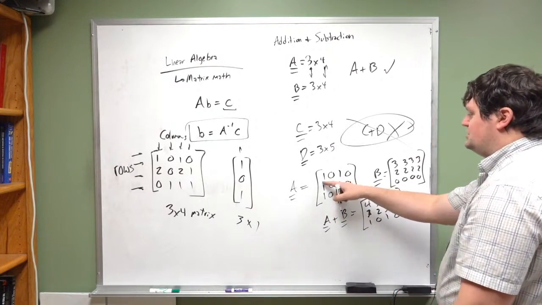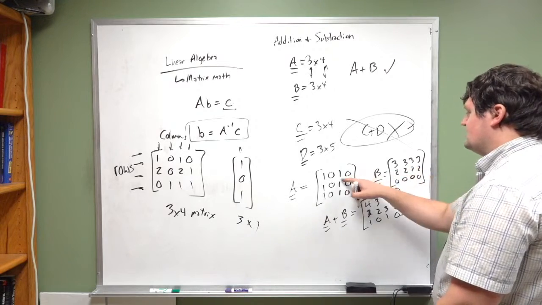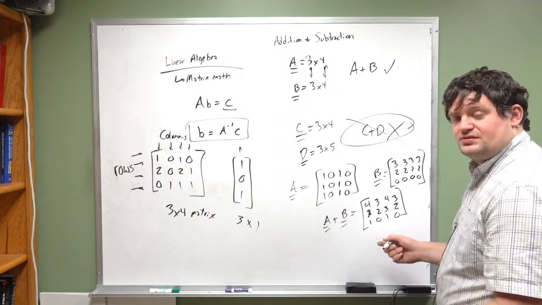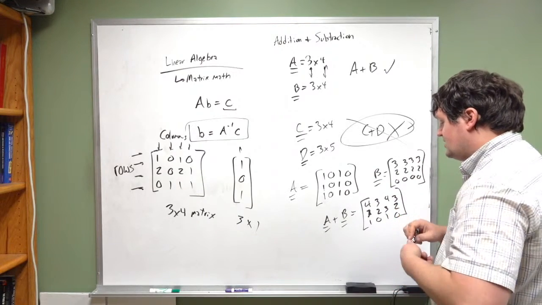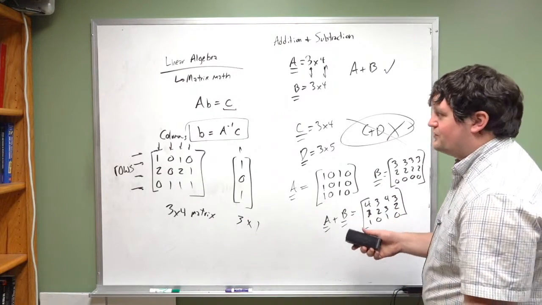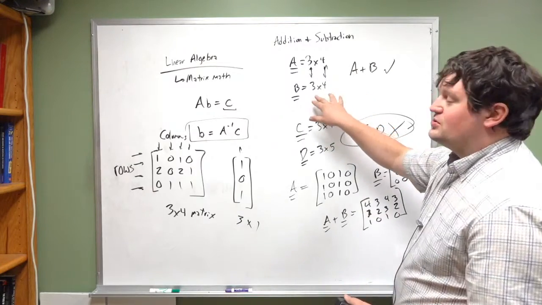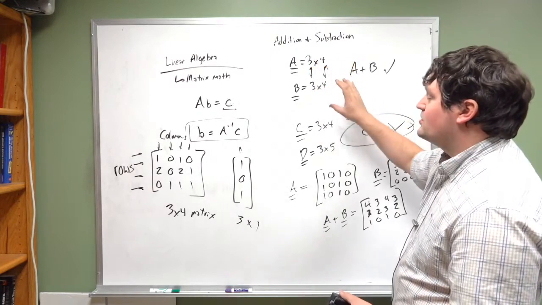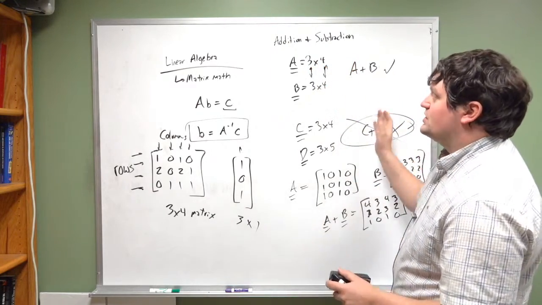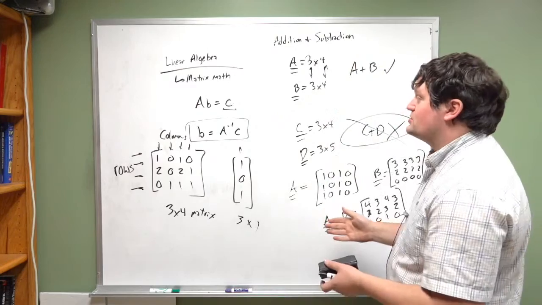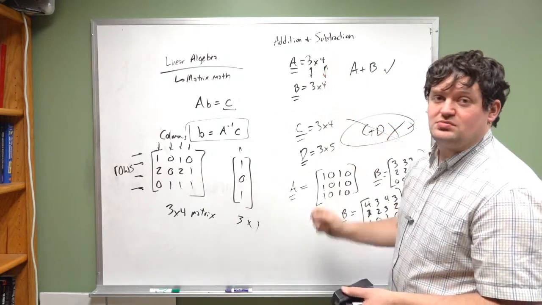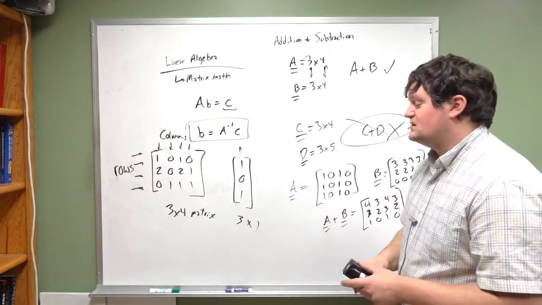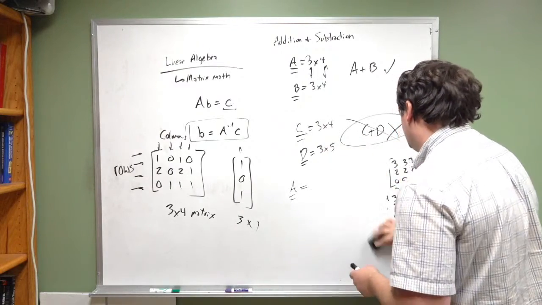Okay, each individual element adds together or subtracts together to result in your solution. So addition and subtraction, that's pretty straightforward, but remember that you cannot add matrices that do not have the same number of rows and columns. So it's always a good idea, whenever you have a matrix, the first thing you're going to want to do is establish what the dimensions of that matrix are, because that'll say what kind of processes you can do with it.